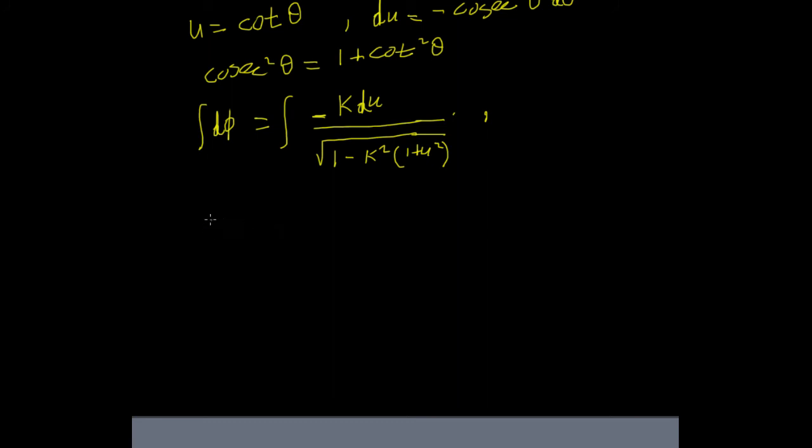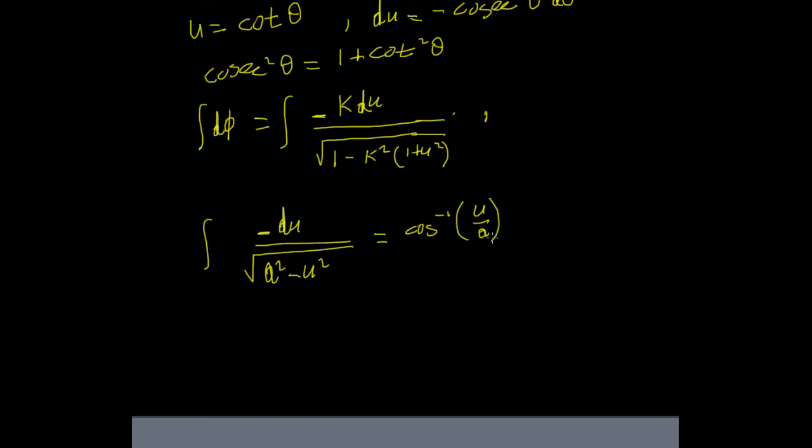We can then write that as the integral of, now we'll just get rid of the k, so we can call that minus du upon the root of a squared minus u squared, okay, now that's going to equal inverse cos u upon a.